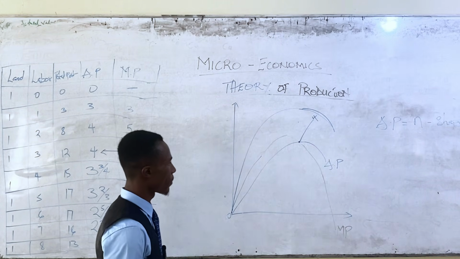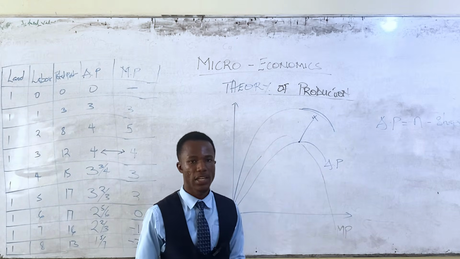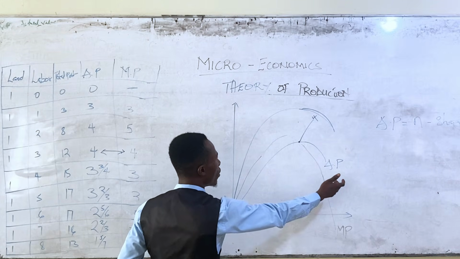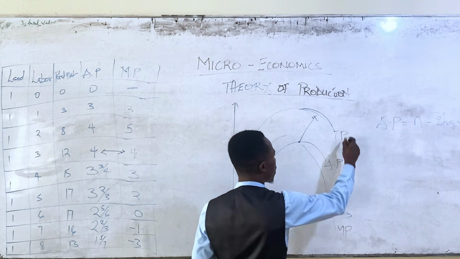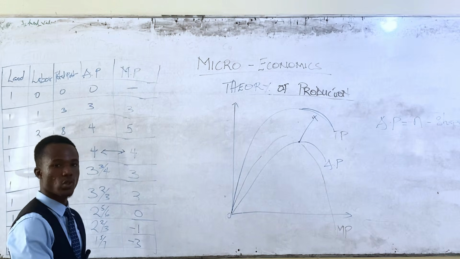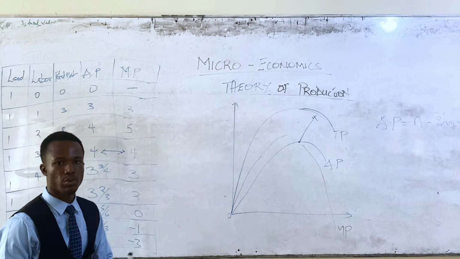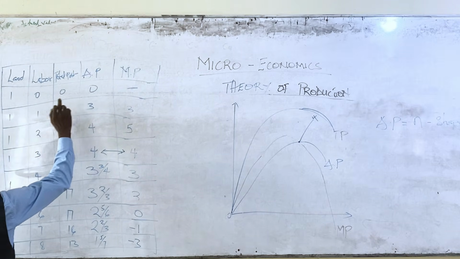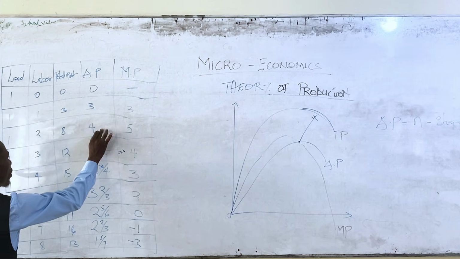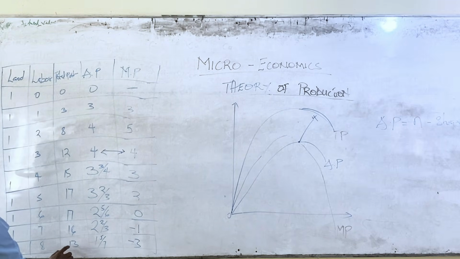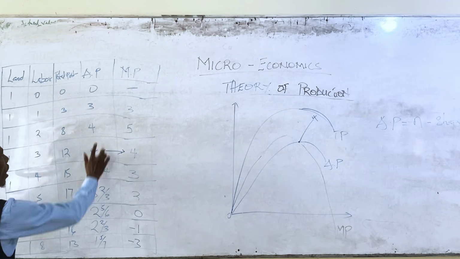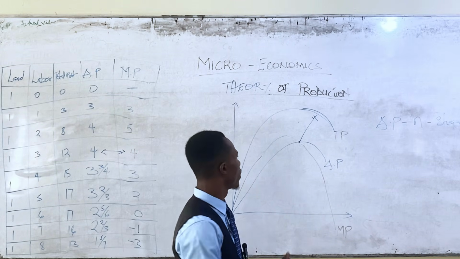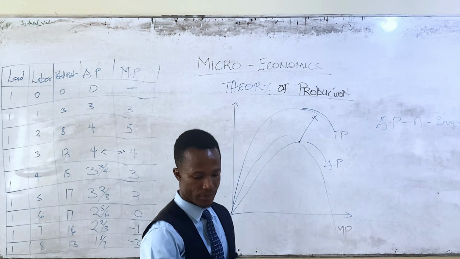Then the average product will just be hanging, because it can never be 0 if the total product is not 0, since you are using the total product to calculate the average product. Since the total product is not equal to 0, there is no way your average product will be equal to 0. Have that information in your head.